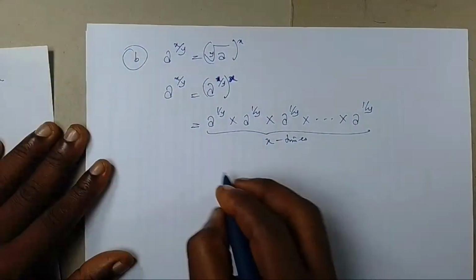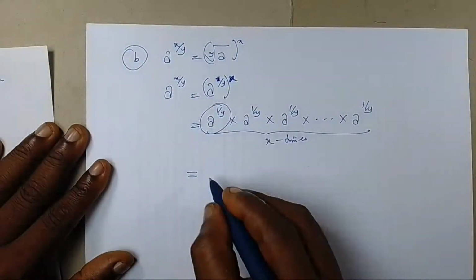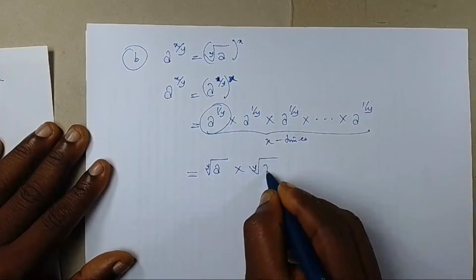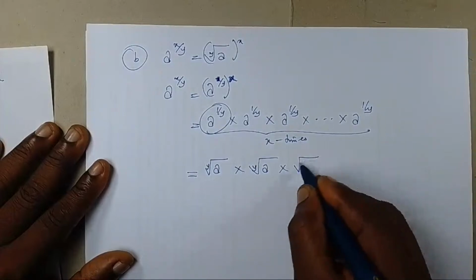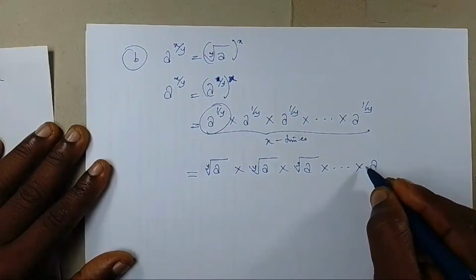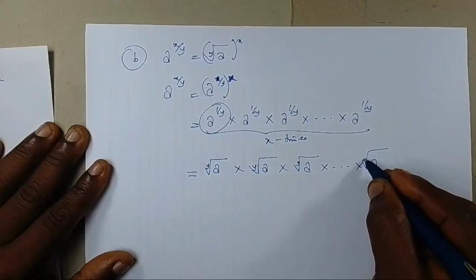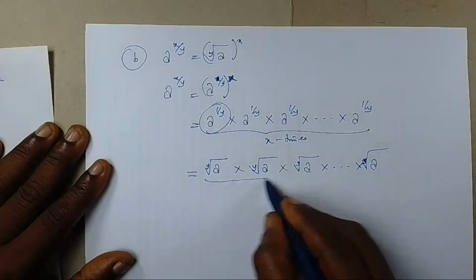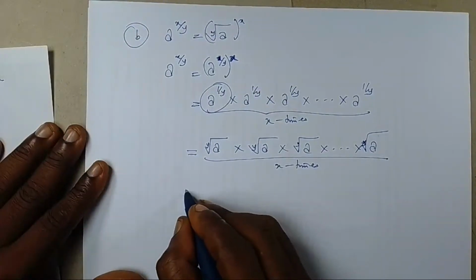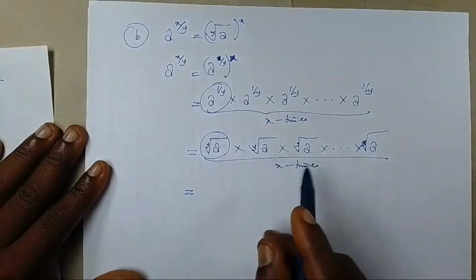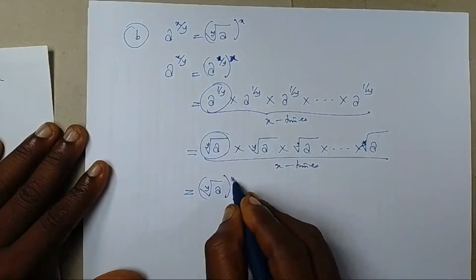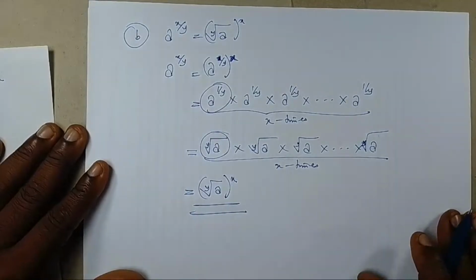And that would mean that a raised to the power 1 over y, we have written it as the yth root of a, times the yth root of a for the second one, times the yth root of a for the third one, times ellipsis, times the yth root of a for the last one, all multiplying themselves x times. And this would mean if you multiply a thing by itself x times, it means you should have that thing all raised to power x. So that law is true.